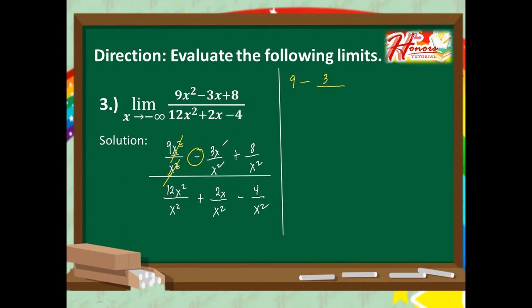And then after that, please observe the exponents. For x, we have 1. You have to subtract the exponents. 1 minus 2 is negative 1. But let's have the absolute value of it. So that's 1. The question is, where are you going to put x raised to 1?